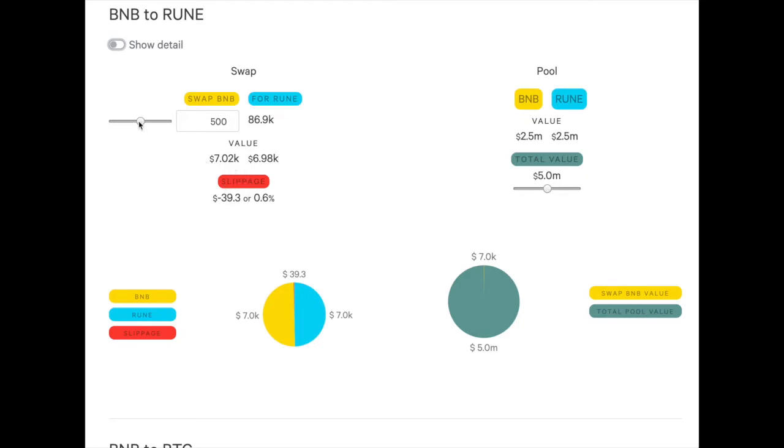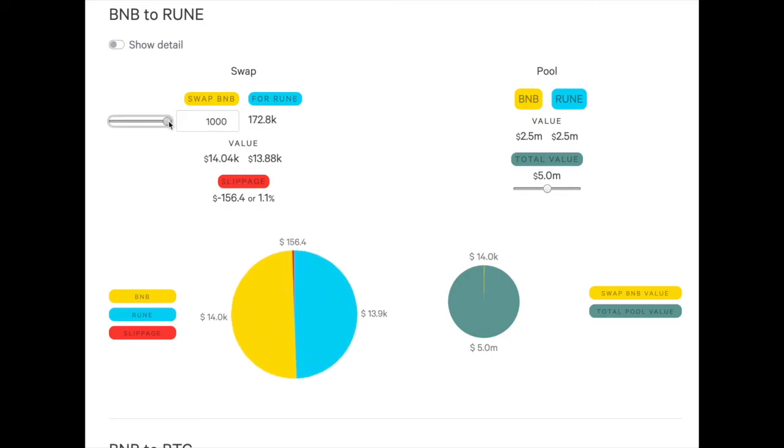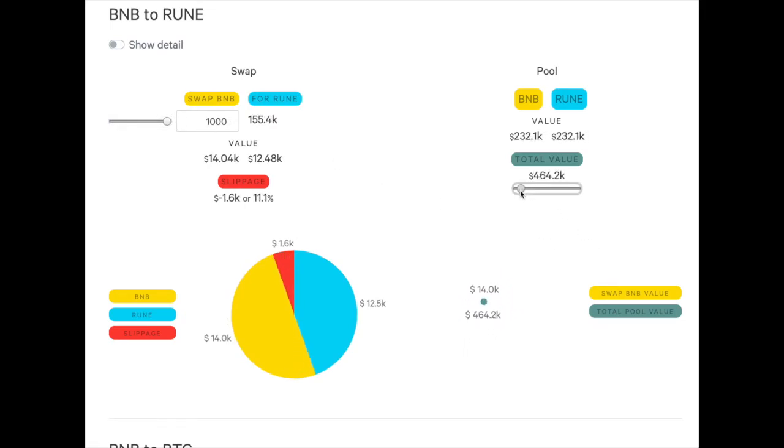So let's go ahead and increase the amount that we're swapping and decrease the total value in the pool, and what you'll see is that the slippage here will increase. So if swap value is high relative to total pool value, slippage will be high.